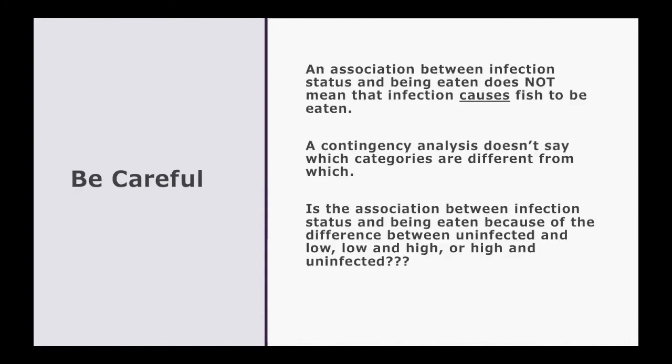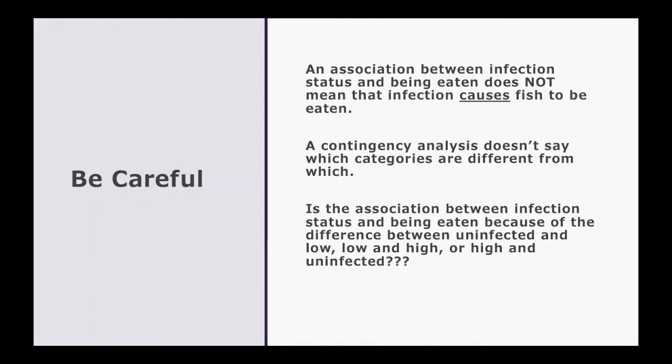Now we need to be a little bit careful because an association between these two variables does not necessarily mean that infection causes the fish to be eaten. In this case, it's a little bit hard to imagine that causation was the other way around, where being eaten by a bird or not caused the fish to be more or less infected. That seems a little bit odd in this particular experiment.